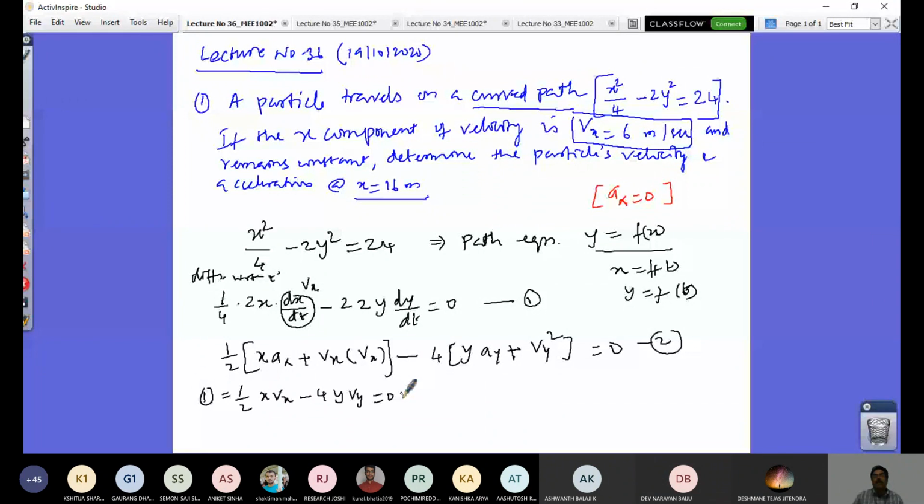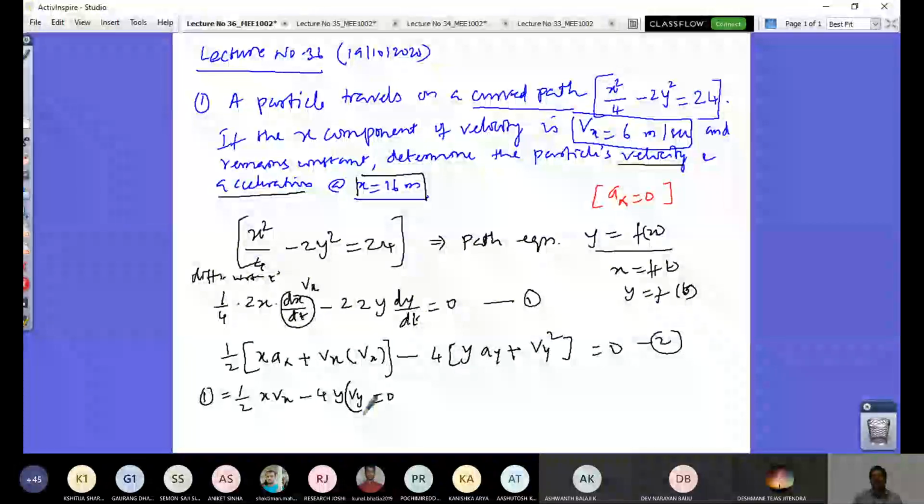That's a simple problem. I can substitute this x, and vx is also given, which is constant. I know what y is when x is equal to 16, I can find it from the path equation, and the only unknown is vy. So I can get vy from this equation by substituting the rest of the values.